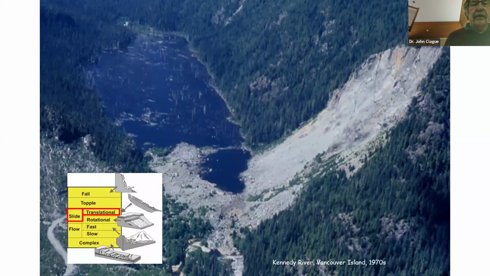And that slide you can see has impounded quite a substantial body of water behind it. And if you think about it, those trees standing up out of the water are an indication that that reservoir has actually been created by the landslide that impounded the water behind it.